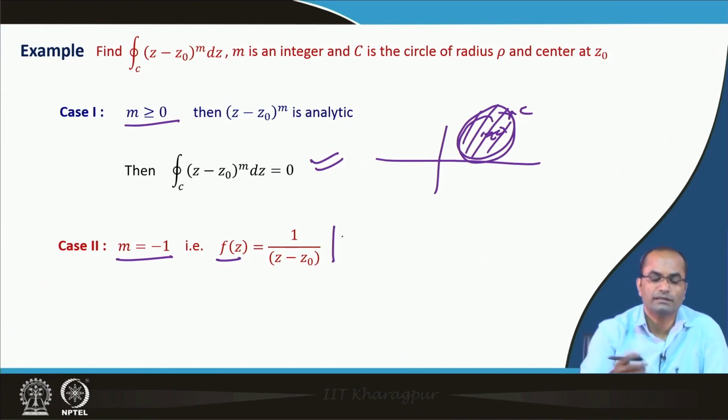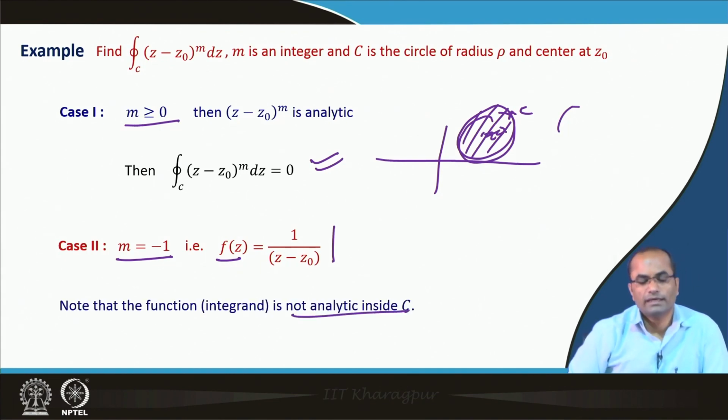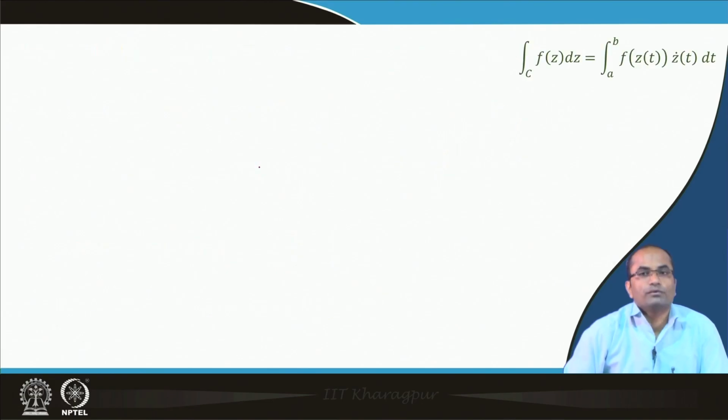So, we cannot say that the function is analytic in the whole region enclosed by the curve C. Since it is not analytic, we cannot use the above result which says that over a closed curve the value will be 0. So, it may be 0, it may not be 0. We have to evaluate it using the definition, using the formula for the integral.